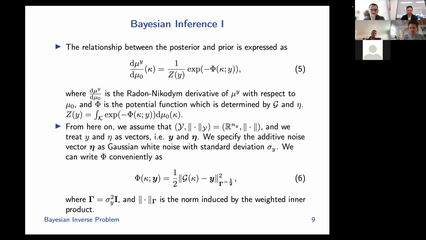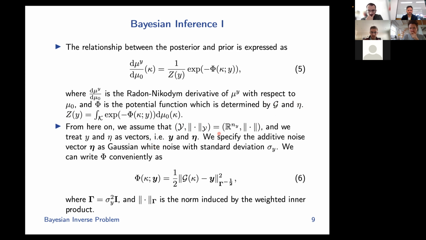The relationship between the posterior and the prior measure is expressed as follows, where dμ^y divided by dμ_0 is the Radon-Nikodym derivative of the posterior measure with respect to the prior measure, and Φ is the potential function, which is determined by the observational noise η and by the operator, the mapping from the parameter space to the observation space.